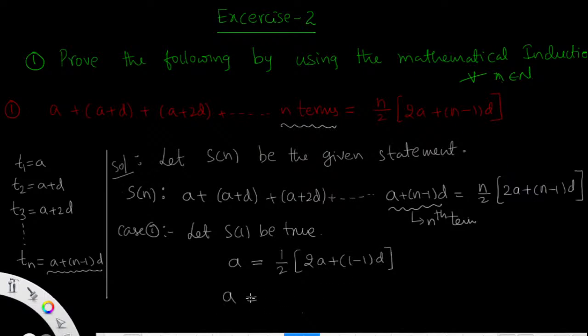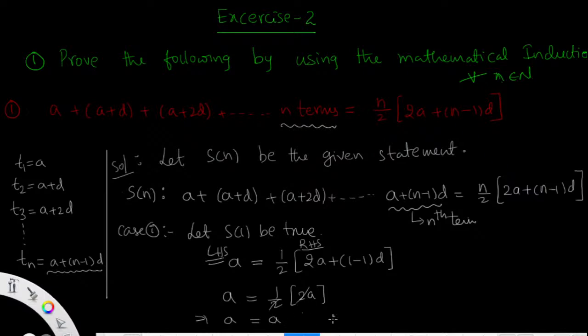This is the LHS part, and this is the RHS part. For the LHS, with n equal to 1, a plus (1 minus 1) into d is a plus 0 into d, which is a. In the RHS part, put n equal to 1 in the expression: 1 by 2 into (2a plus (1 minus 1) into d). 1 minus 1 is obviously 0, so 1 by 2 into 2a, the 2s cancel, and it is equal to a.